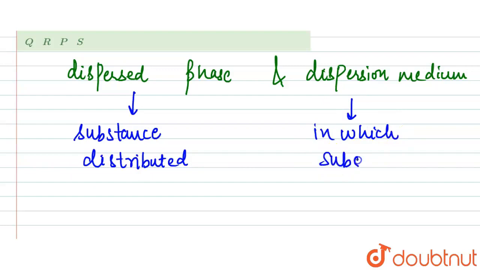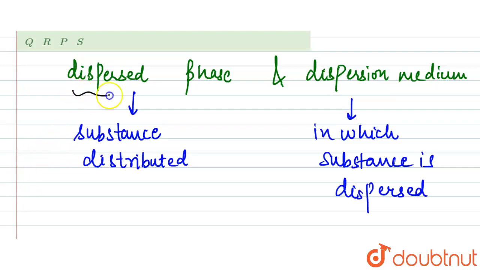So our dispersed phase works like the solute. Like in a sugar solution, the sugar works as the solute and the solvent is our water. Similarly here, the dispersed phase is similar to the solute and the dispersion medium is our solvent. This is just for understanding.